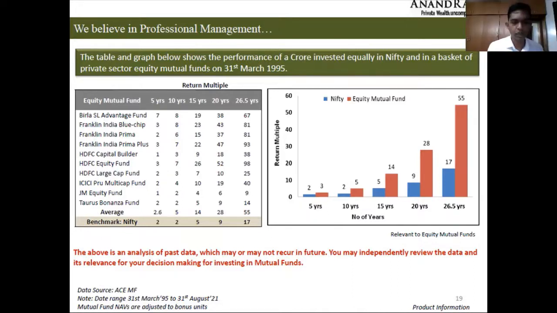This commission is not paid out in one go; it is given to the brokers on a monthly basis, divided by 12 months. If I go for a fund with a higher brokerage, the fund house will deduct that brokerage and pay it out to the brokers, and overall your funds will not perform.